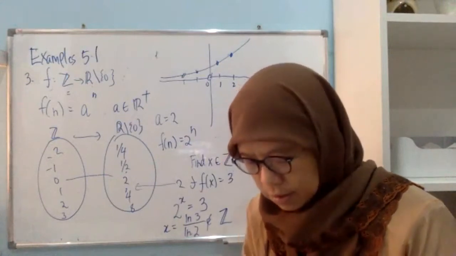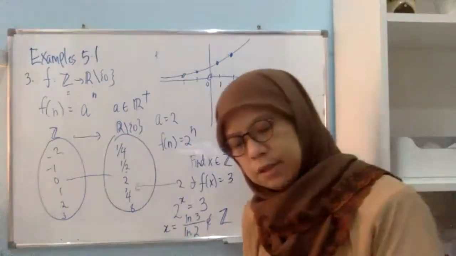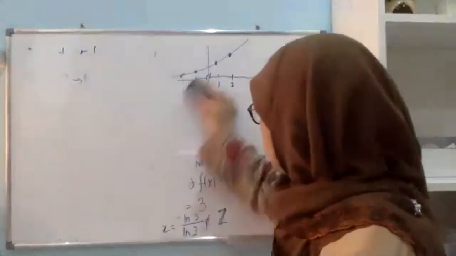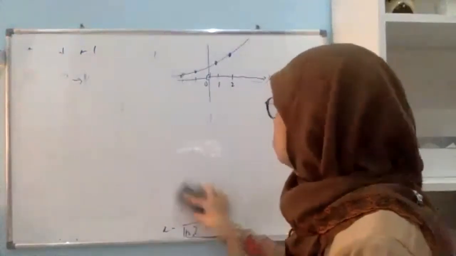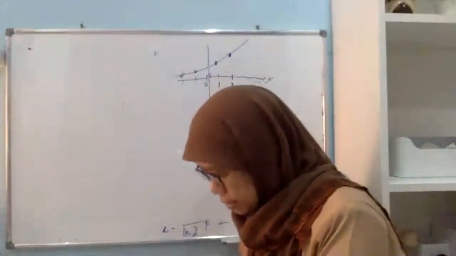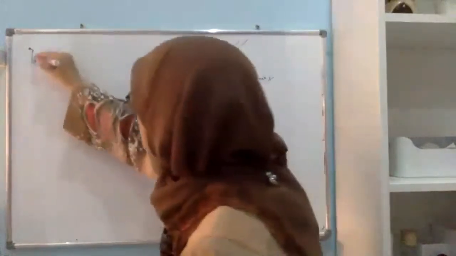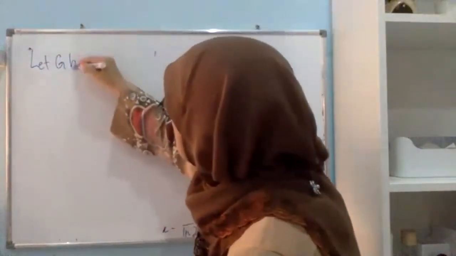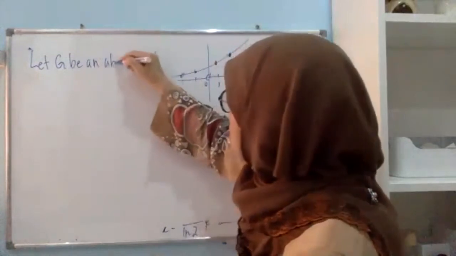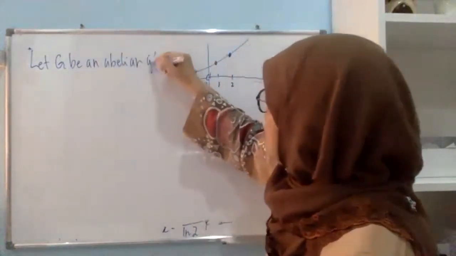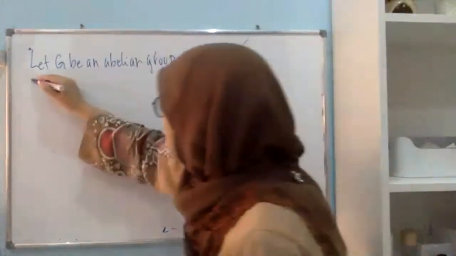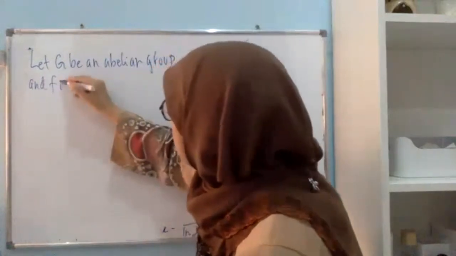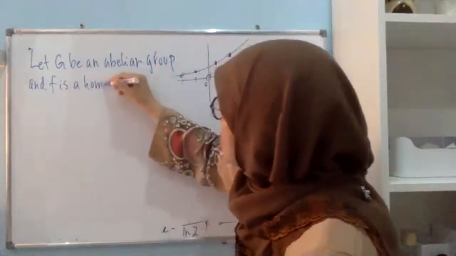Okay, let me just, it's quite interesting actually. Although it's straightforward, how to write it out? Let G be an abelian group and f is a homomorphism.